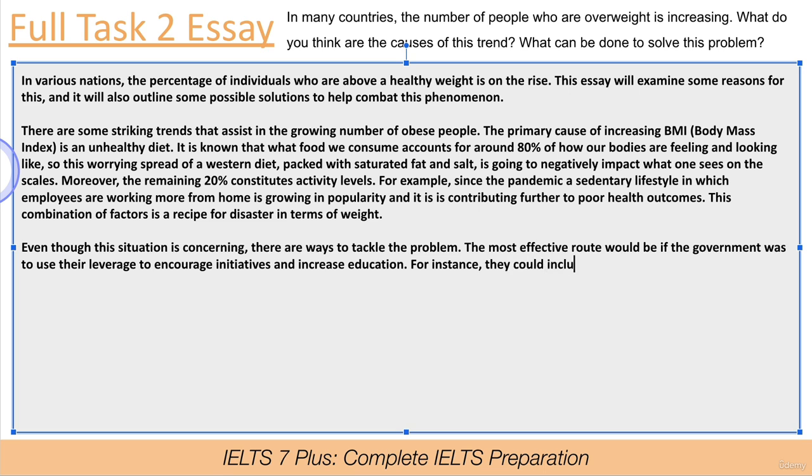They could include nutritional education in schools and more of an emphasis on including movement into the daily timetable, maybe.